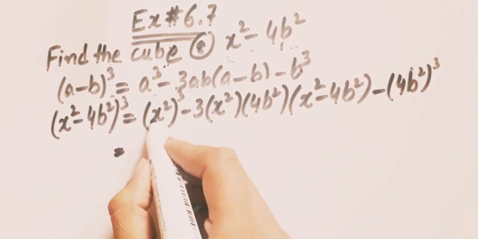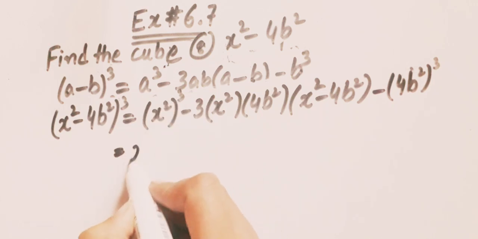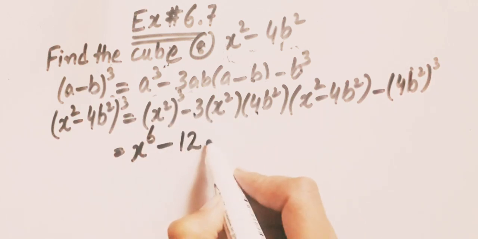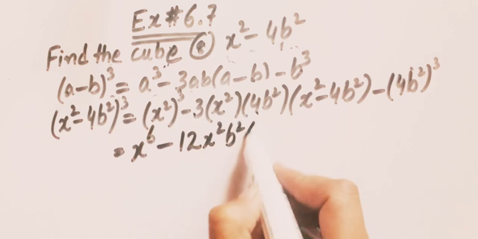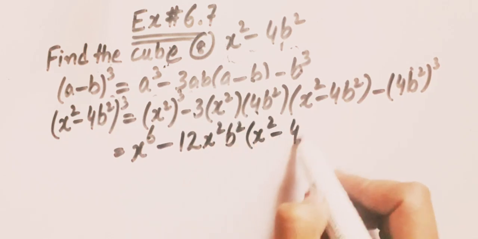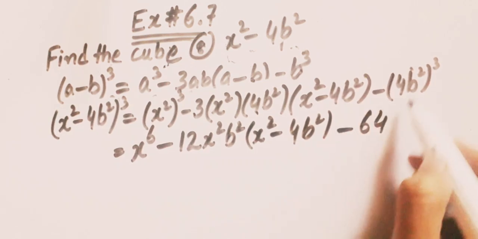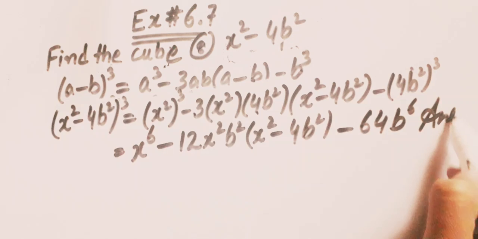So x square into cube will become x6, minus 4 into 3 is 12, x square b square into x square minus 4b square, 4 cube is 64, b square into cube is b6. So this is the answer.